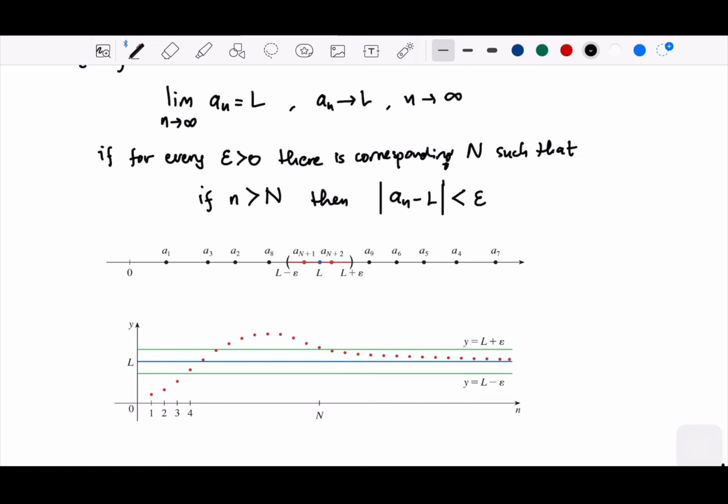Which means that the capital N here will be in between these two lines, the L plus epsilon and L minus epsilon. So no matter how small epsilon will be, these two pictures will be true for all n.